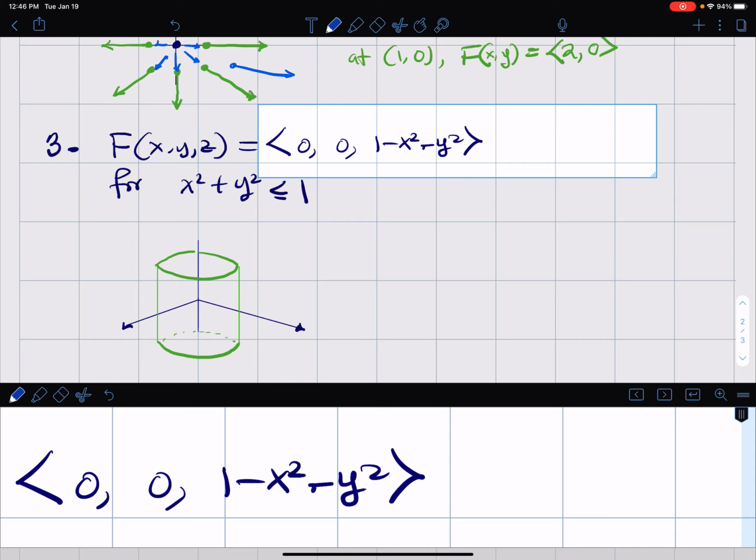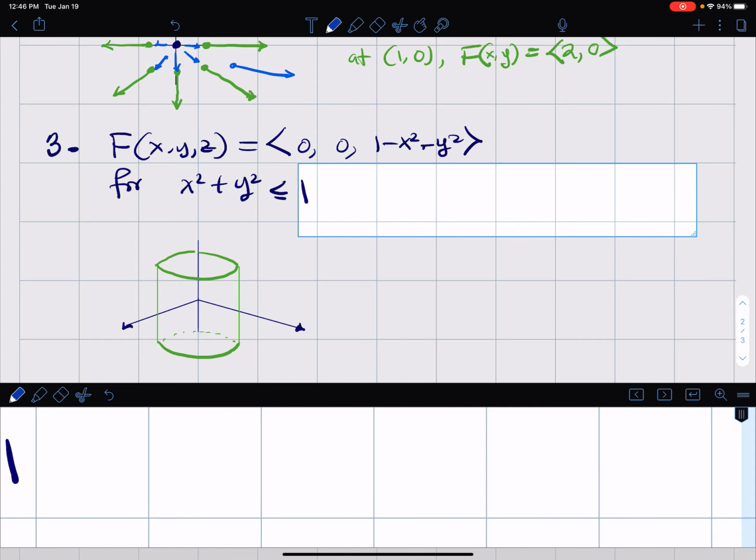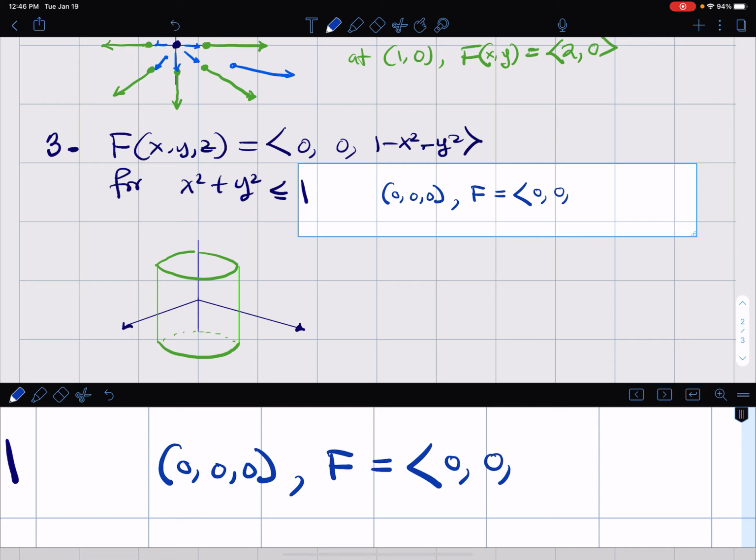So for instance, let's pick the point 0, 0, 0. At 0, 0, 0, our F is the vector 0, 0, 1.